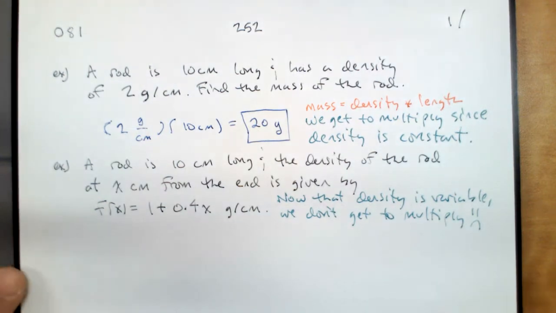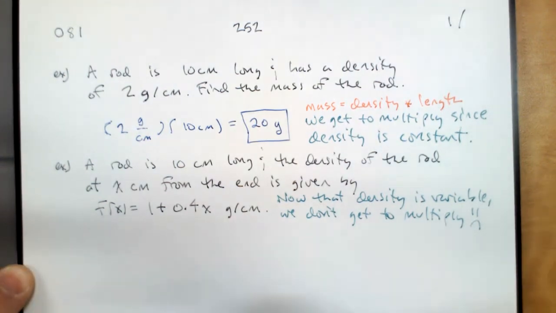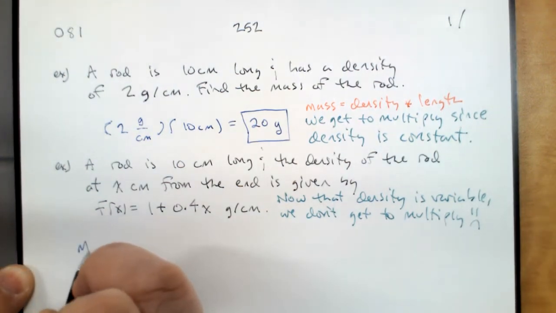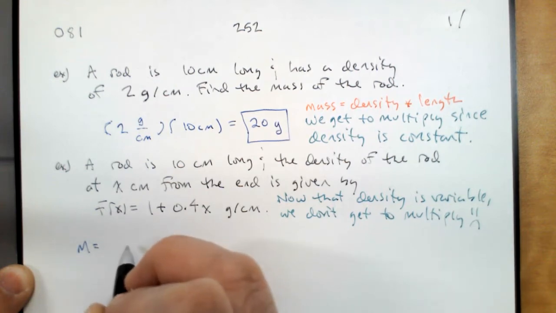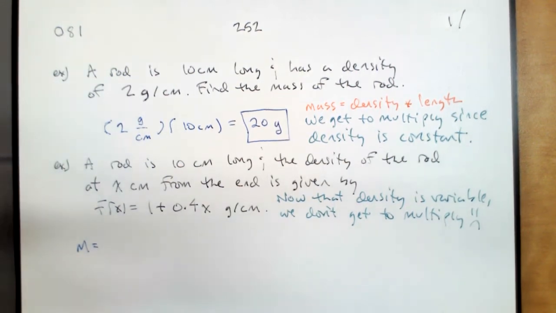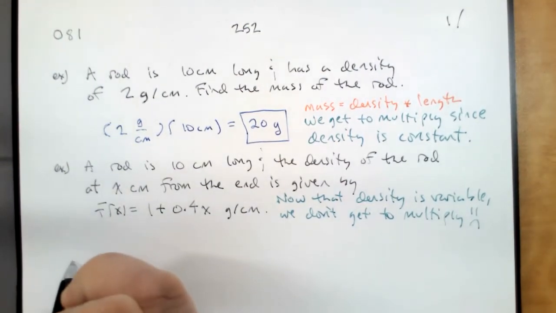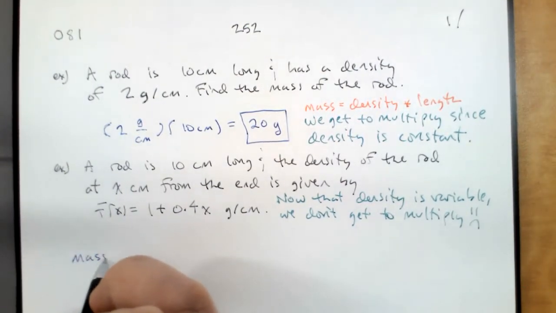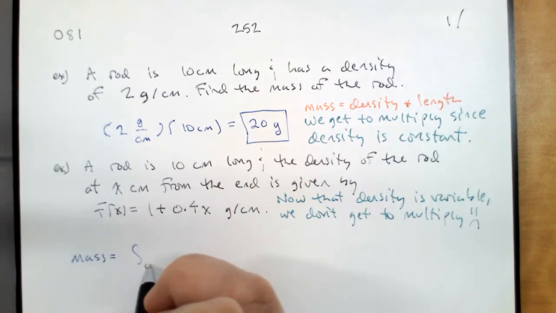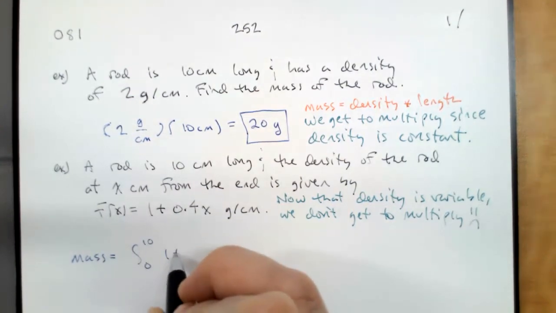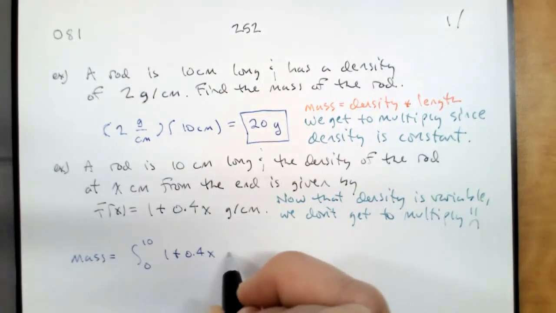So we know that the mass of the rod is going to be the integral from 0 to 10 of 1 plus 0.4x dx.